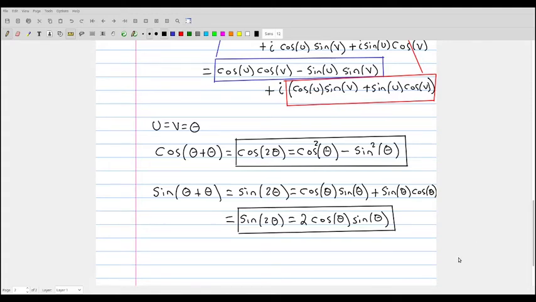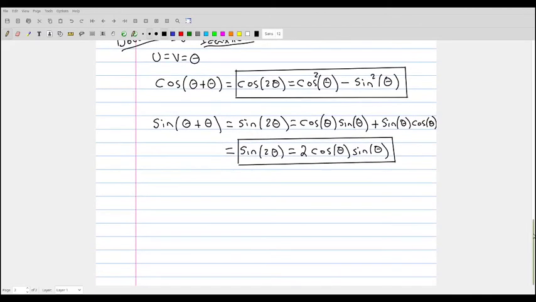And these are sometimes called the double angle identities. For any given angle theta, they relate cosine and sine of 2 theta to other combinations of just cosine of theta and sine of theta. You can even simplify some of these even more if you want to.